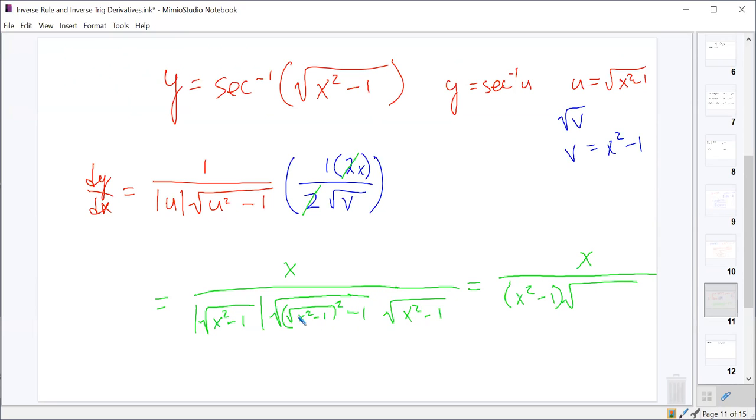And then what's inside this square root here? Square root of x squared minus 1 squared is just x squared minus 1, minus another one is x squared minus 2. Good or no?